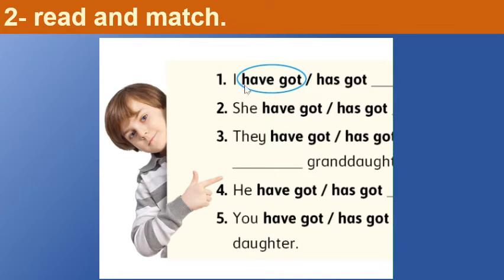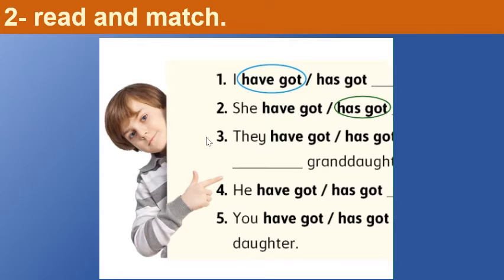Of course, have got goes after I. Now, sentence number 2. She have got or she has got. Of course, she goes with has got. So this is the correct answer.